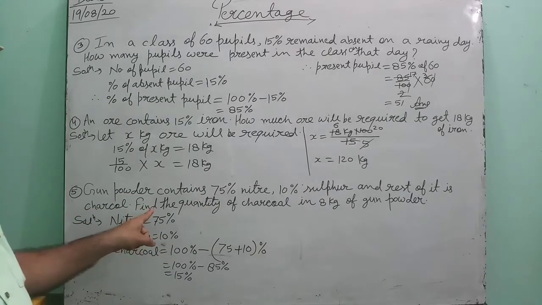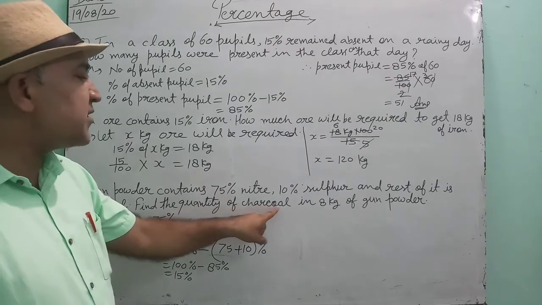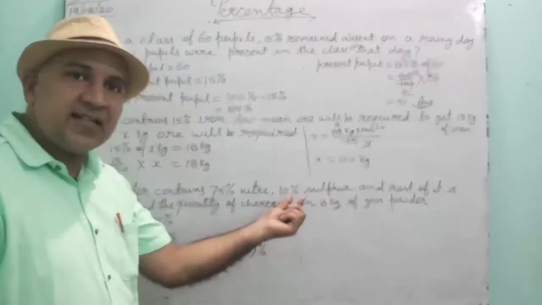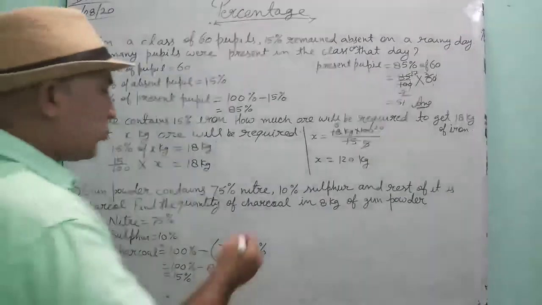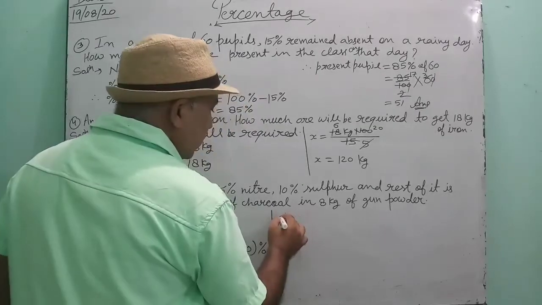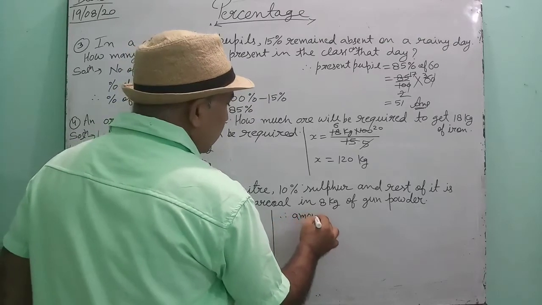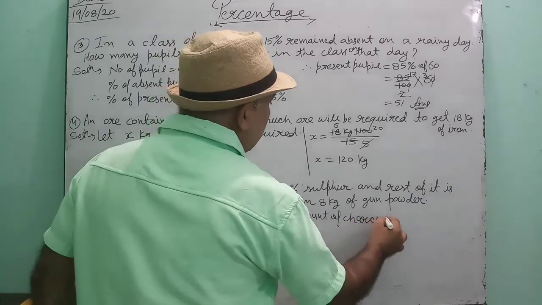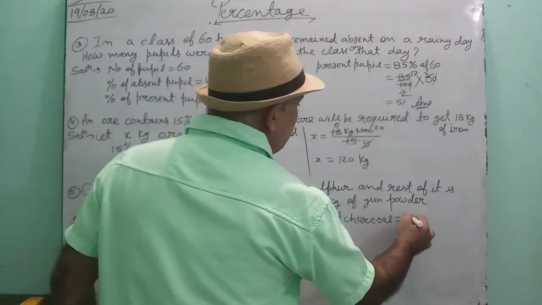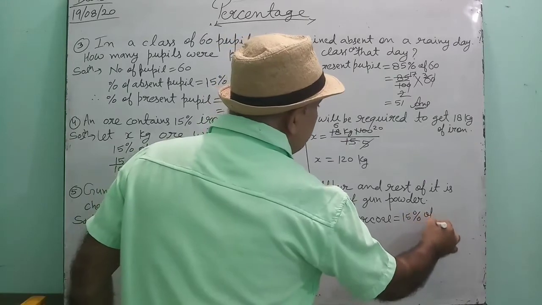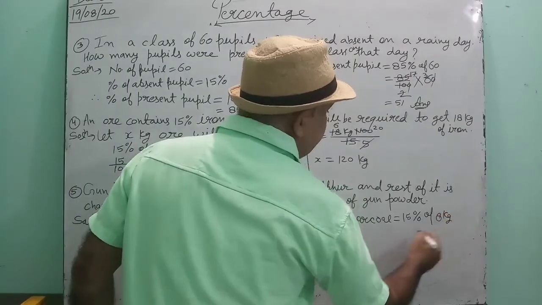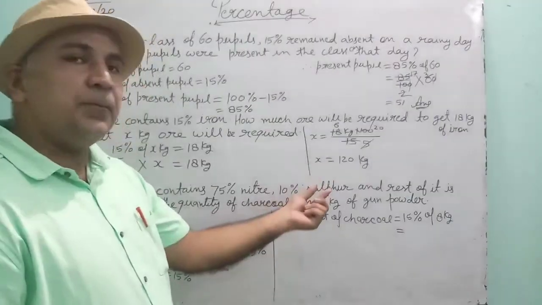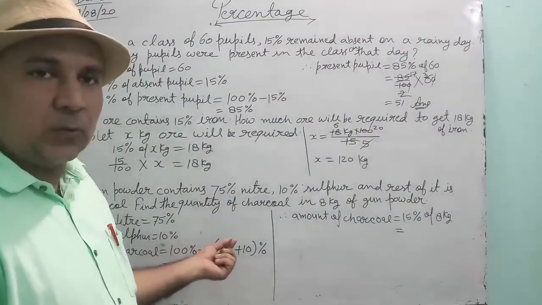Now the question is asking, find the quantity of charcoal in 8 kg of gunpowder. If gunpowder is 8 kg, then what will be the amount of charcoal? Find out. Therefore, amount of charcoal is equal to 15% of 8 kg, because gunpowder is 8 kg and in the gunpowder 15% is charcoal.